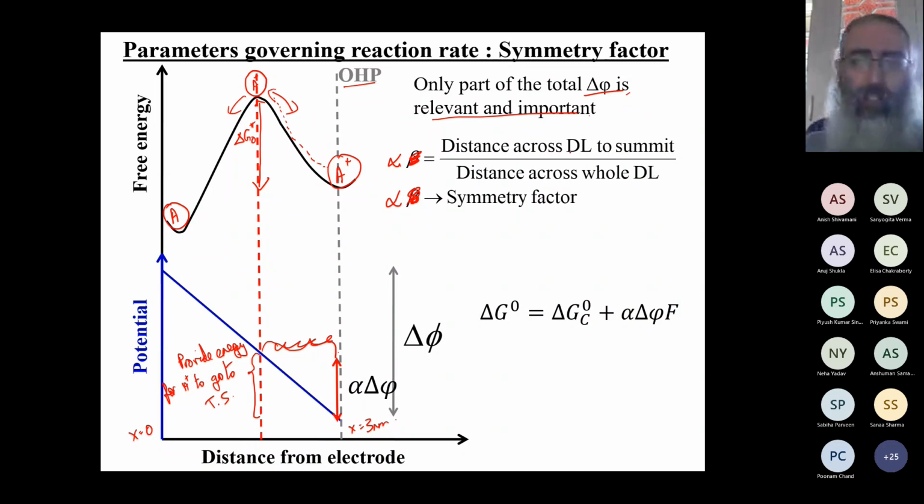So the distance across the double layer to the summit is only alpha times delta phi. This is essentially alpha delta phi divided by the whole double layer. The potential drop across the whole double layer is delta phi, which essentially means alpha. And here we call alpha the symmetry factor.